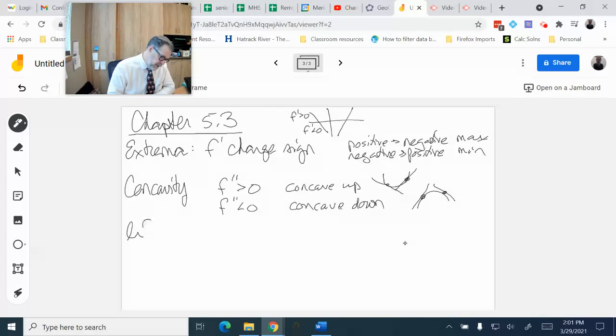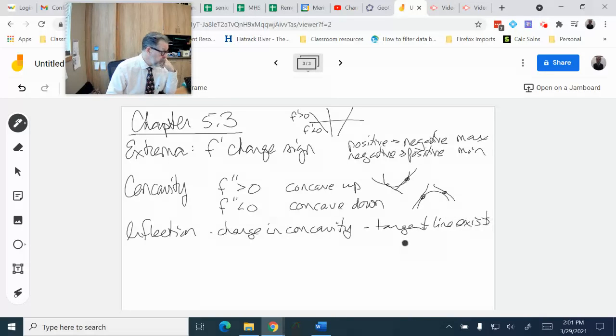An inflection point, which is the change in concavity. The first derivative must exist, so the tangent line exists, and the concavity changes.